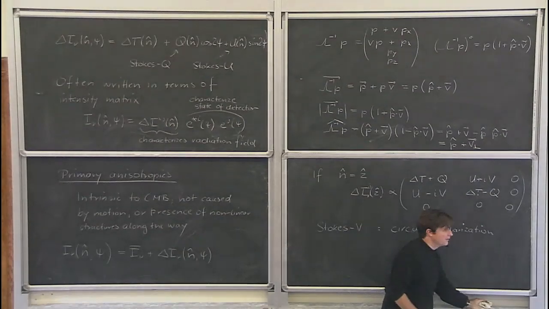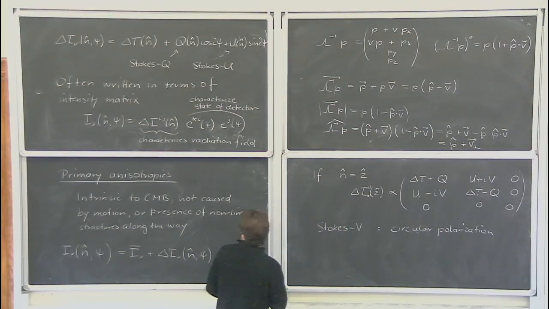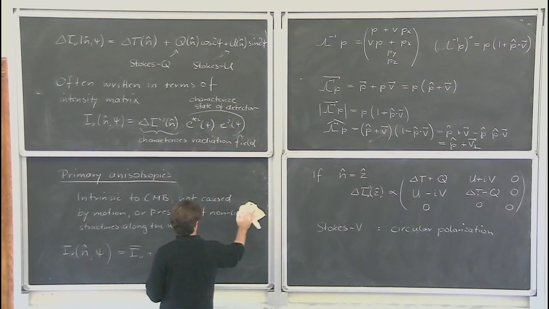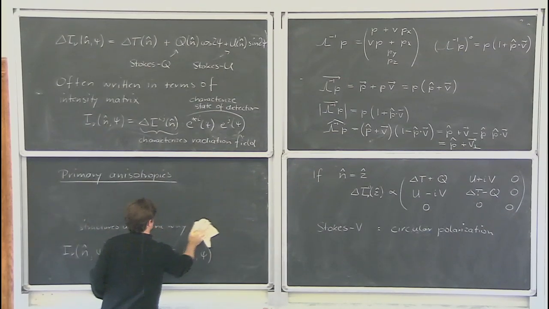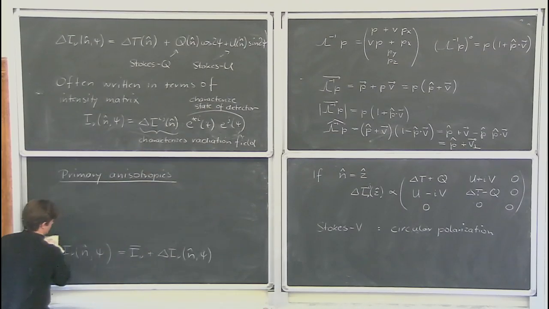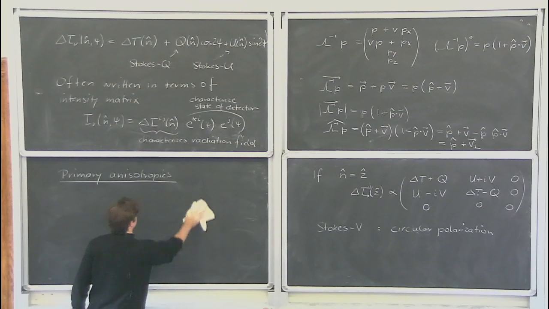Okay, so these maps are how the data is stored, but it's not something that we can directly predict. We can't predict that a given spot in the sky is going to be hotter and another spot is going to be colder.